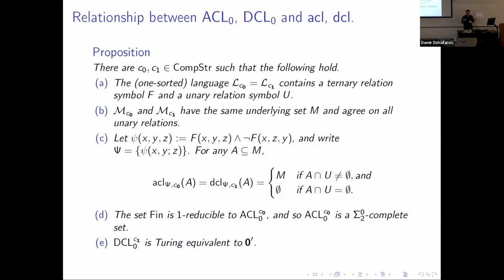So all I need to do to test whether or not you're in the definable closure or the algebraic closure is, and I apologize, that should not say empty set, it should say A. There's nothing new in it. All I need to do is test whether or not the arguments intersect the unary relation. But I still have the maximal complexity of the one-step algebraic closure, that it is still a Sigma 0,2 complete set, which is one reducible to finite sets.